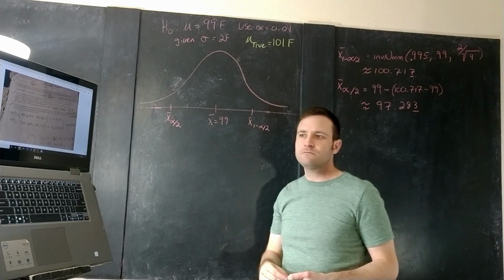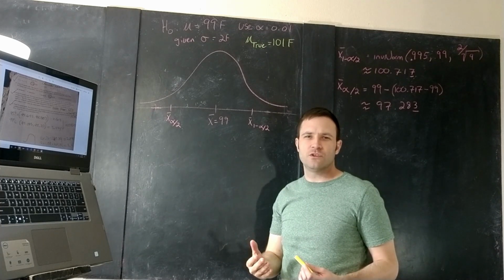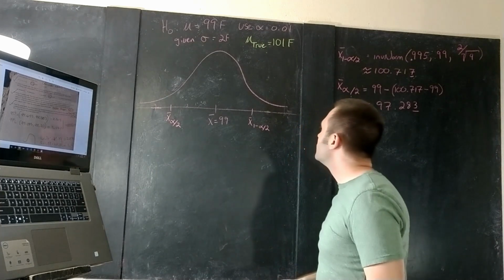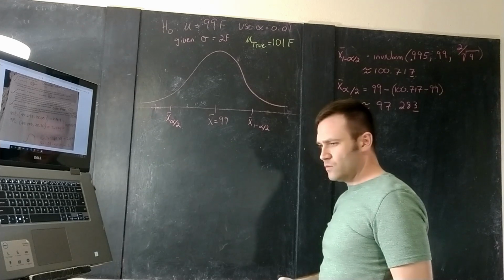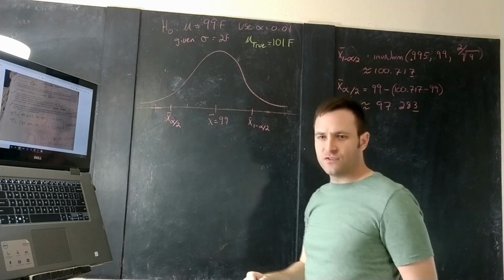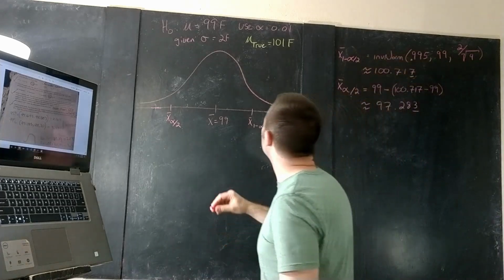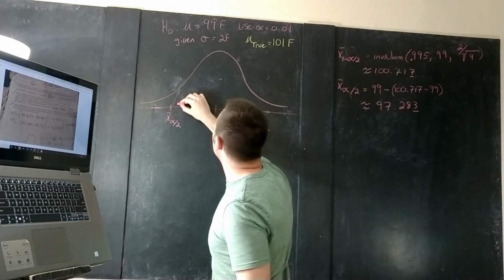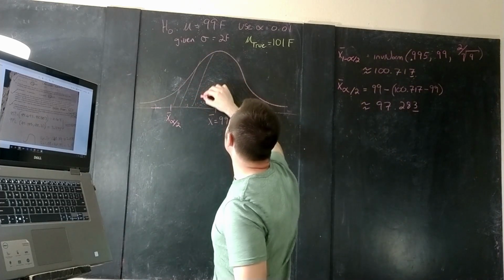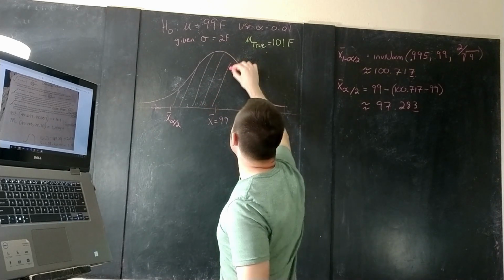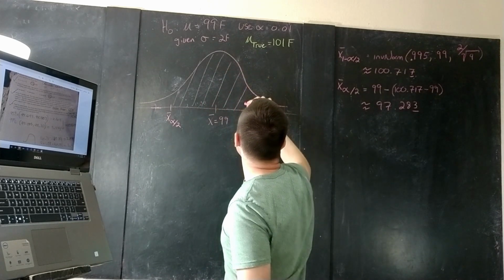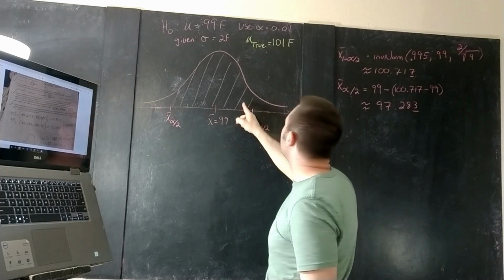So, what's this look like? So, we have some probability that corresponds to a 95% confidence interval for this incorrect value.